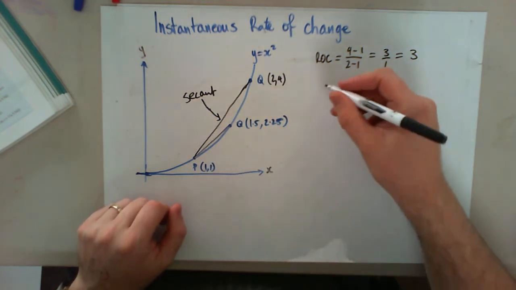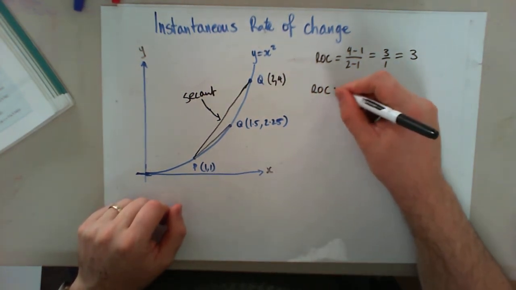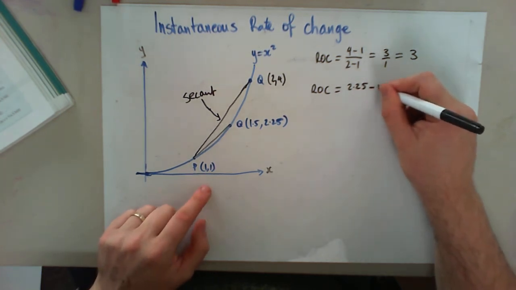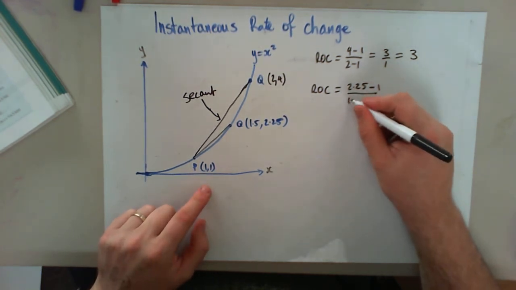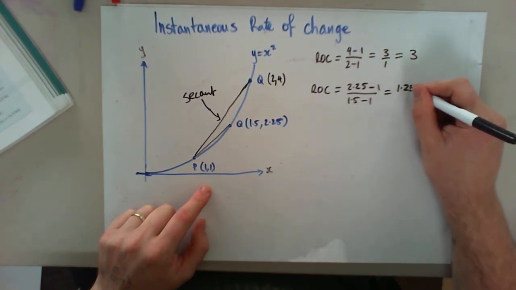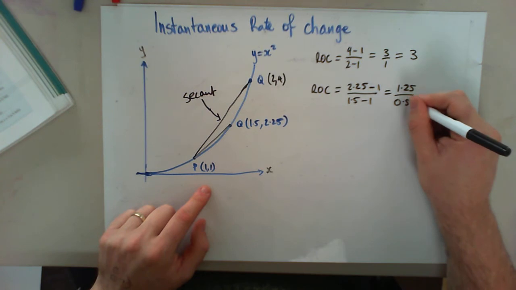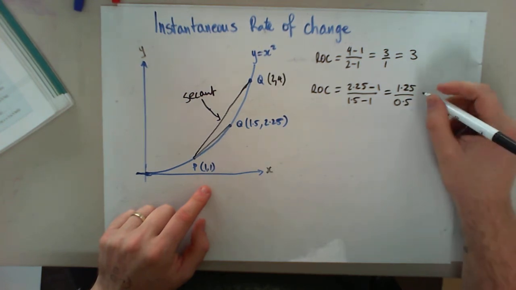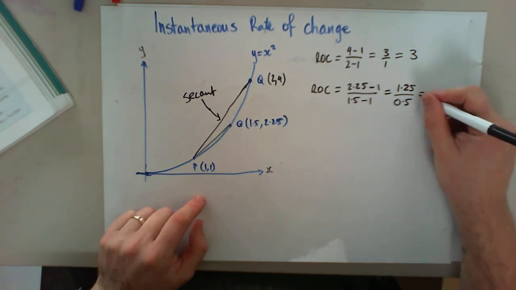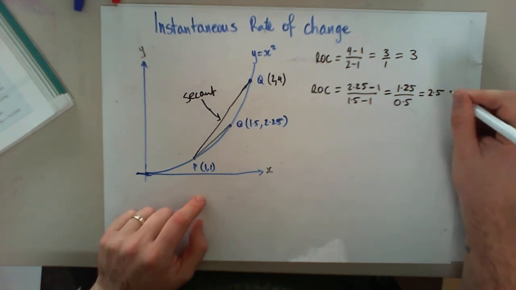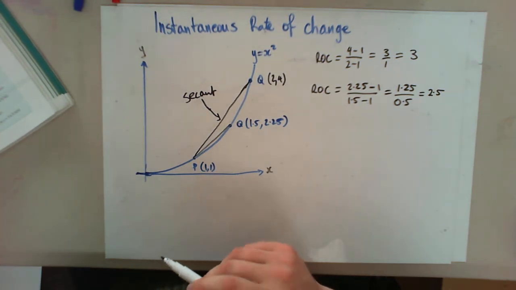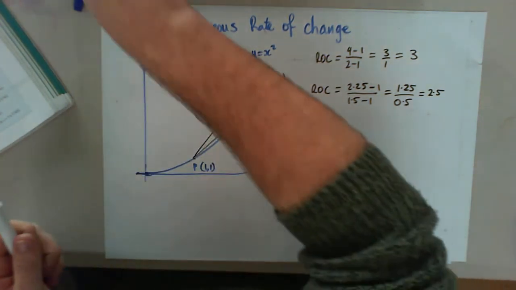It's going to be 2.25 minus 1 over 1.5 minus 1. That's going to give us 1.25 over 0.5. So our rate of change now is going to be 2.5. So we're getting a little bit closer there, and we can keep doing this. We make it closer again.